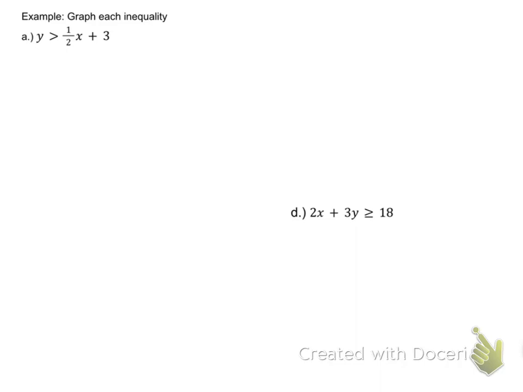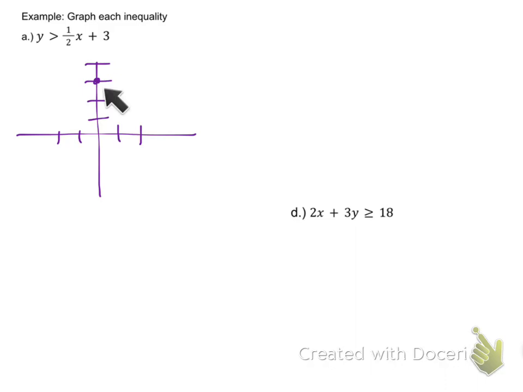So, here's the cool thing. This is already in slope-intercept form, so I know that my slope is 1/2 or up 1 over 2, and my y-intercept's at 3. So if I go to make my graph, I know I start at my y-intercept, which is at 0, 3, and I'm going to move slope. Now, remember, you can move slope in the forward direction and in the negative direction.